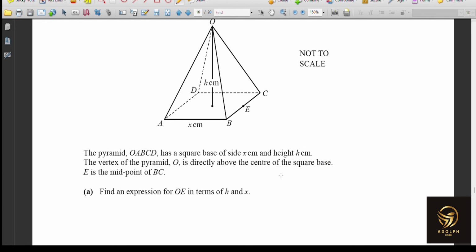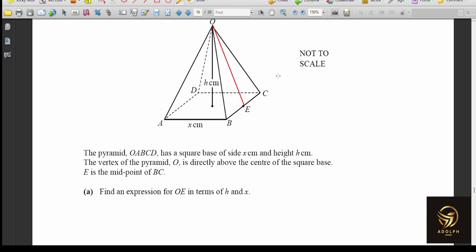Then find an expression for OE in terms of h and x. So OE is from the vertex to E, and we know that this is the altitude because this is going to be perpendicular and it's a midpoint. It's an isosceles triangle, so that median acts as an altitude.